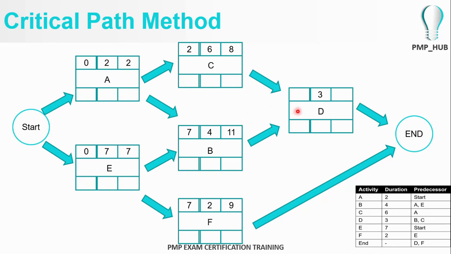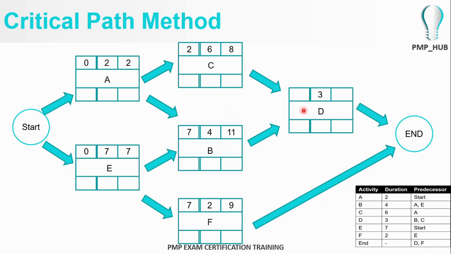The same thinking pattern has to go for activity D. Activity D depends on the output of C and B. Activity C's earliest finish time is day number 8. Activity B's earliest finish time is day number 11.